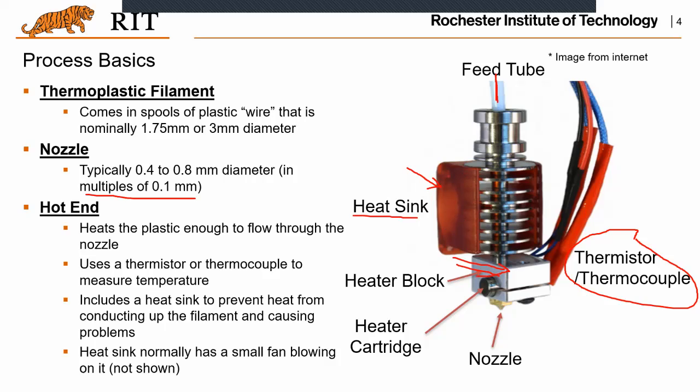In this region, the filament will be melted and flow through the nozzle. But other than that, you want to keep the filament in a solid state. In that sense, you want to prevent the heat in this region from being conducted and melting the material in this tube. That's why this heat sink is utilized to prevent the heat conducting.